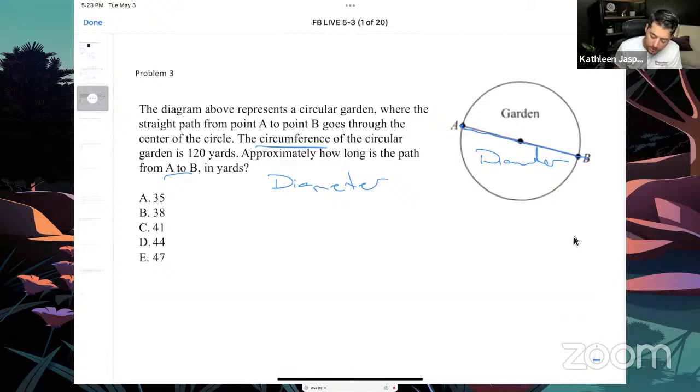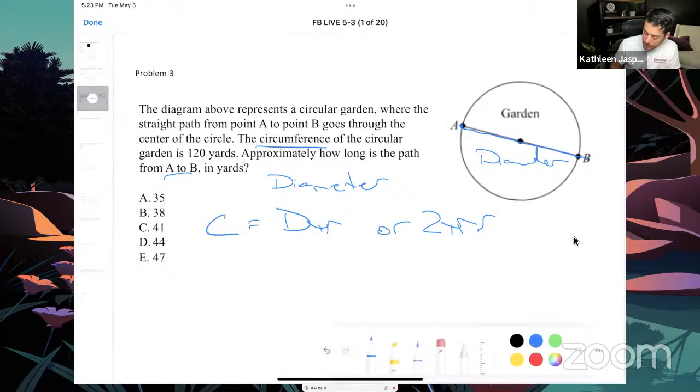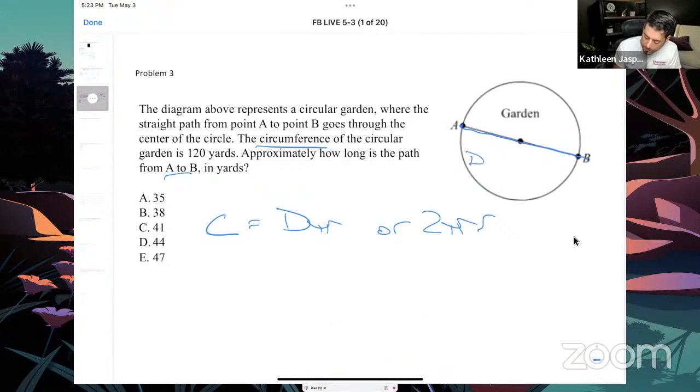If I'm dealing with circumference, circumference is the same as diameter times pi, or 2 times pi times radius. All right. Since I need to find diameter, I'm going to use this formula here.